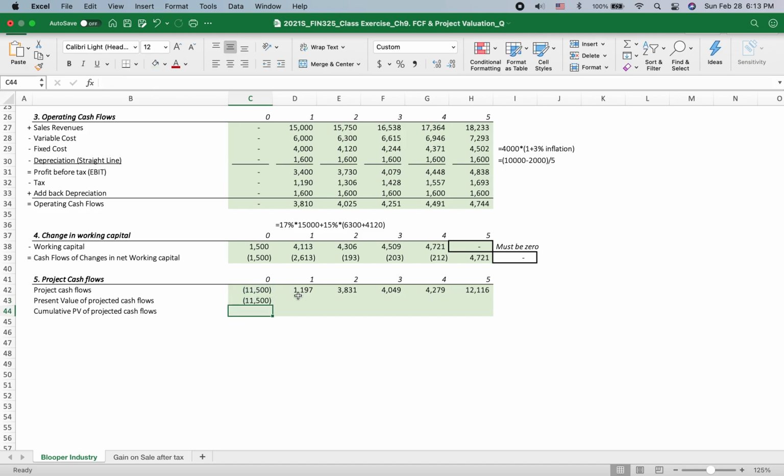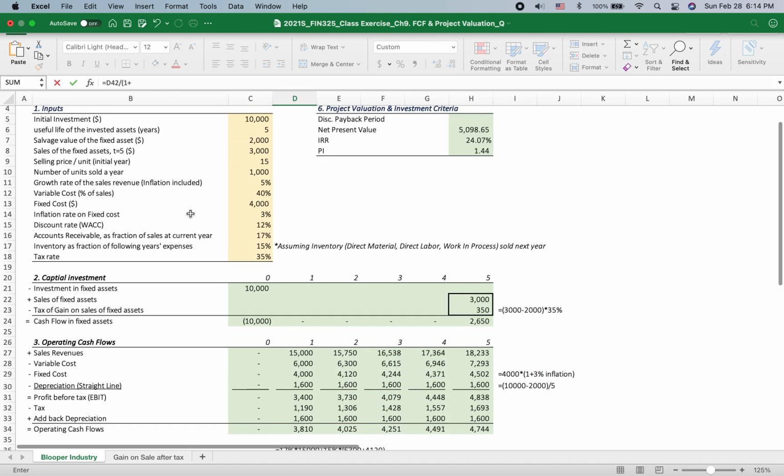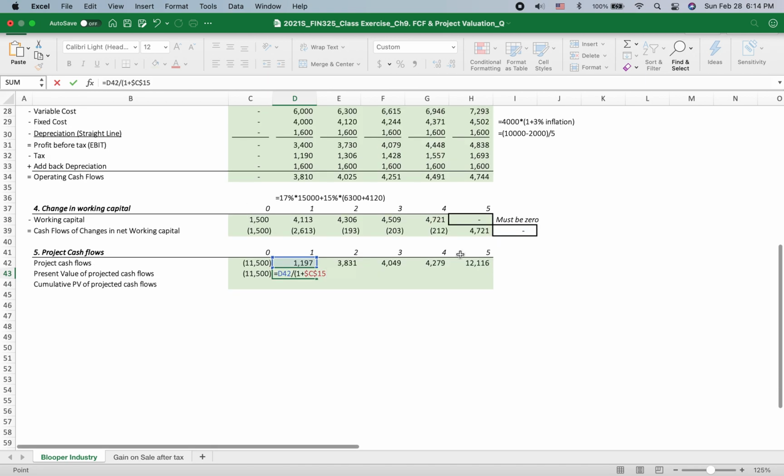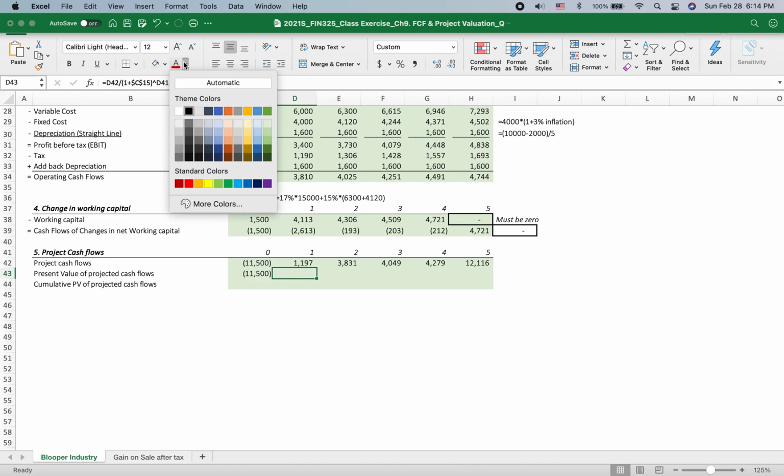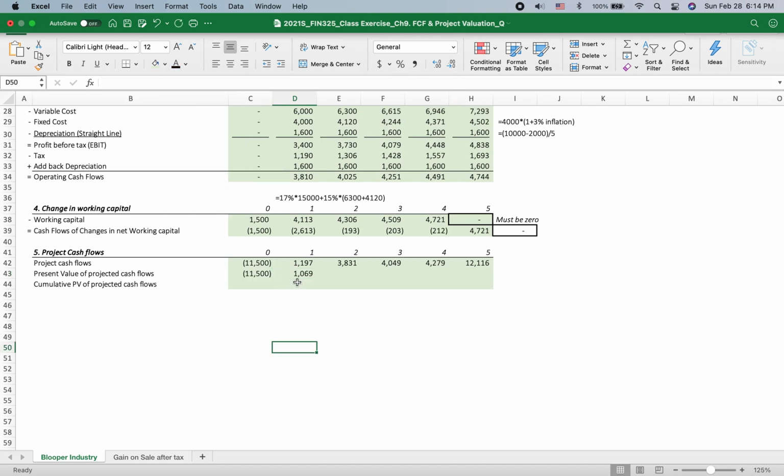So we take each cash flow divided by 1 plus the discount rate of 12% to the power of 1. Okay, then let's drag it to the right. Then let's get the cumulative present value of projected cash flows.